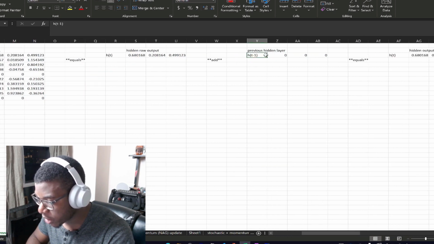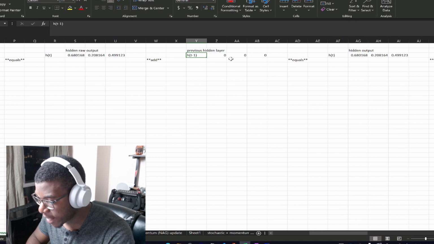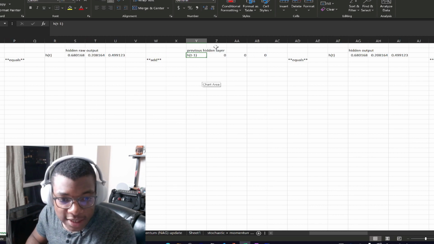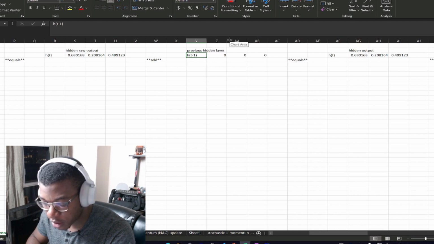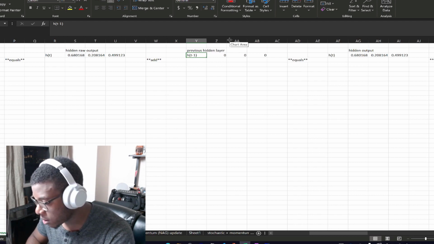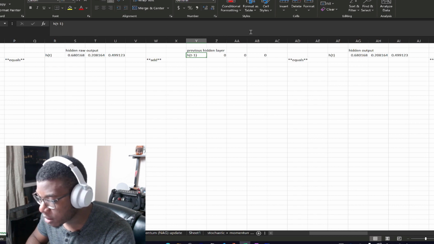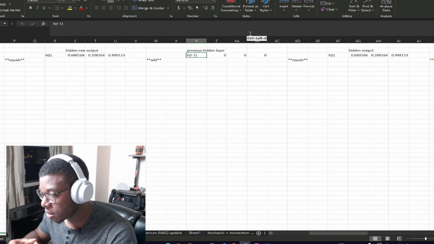And then because this is a recurrent neural network, we add the activated output, whatever's in memory.